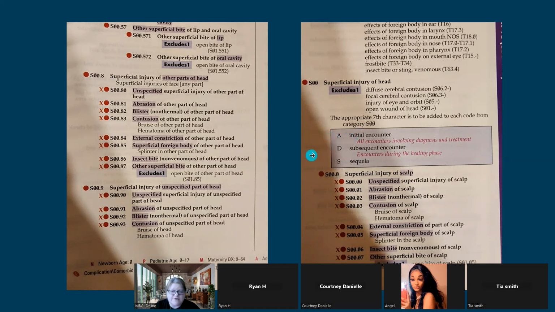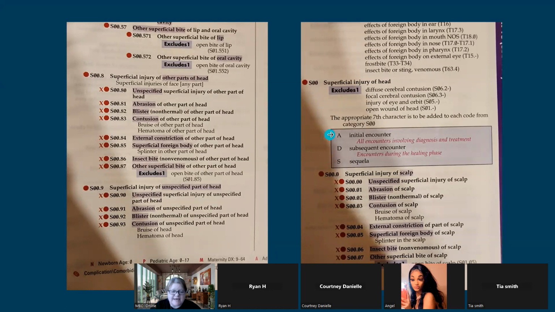D, subsequent encounter, is going to be the second time they got in a fist fight and had this injury or whatnot, okay? And then sequela is just the times after that. This has happened many times, okay?